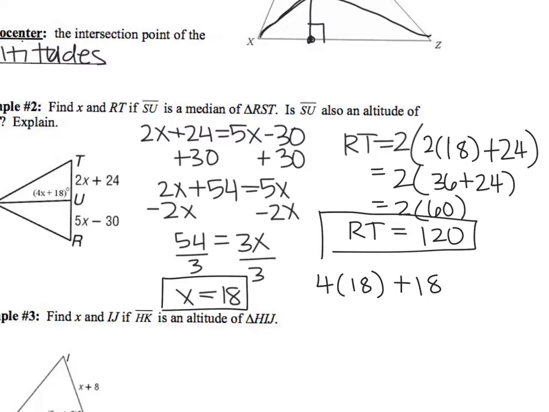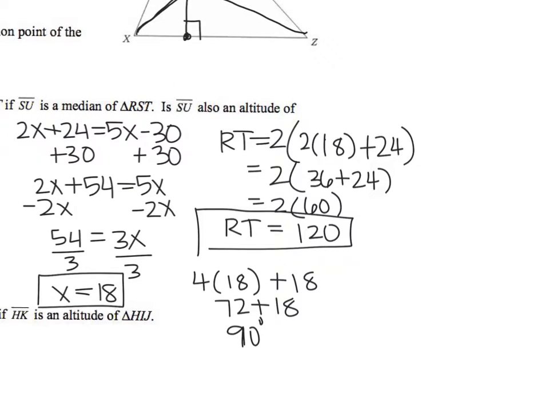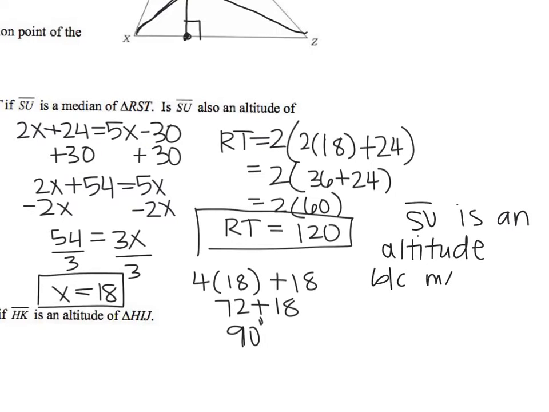And 4 times 18 is 72. And then we do 72 plus 18, and we get 90 degrees. So SU is an altitude. And it would be because the measure of angle SUT equals 90 degrees.